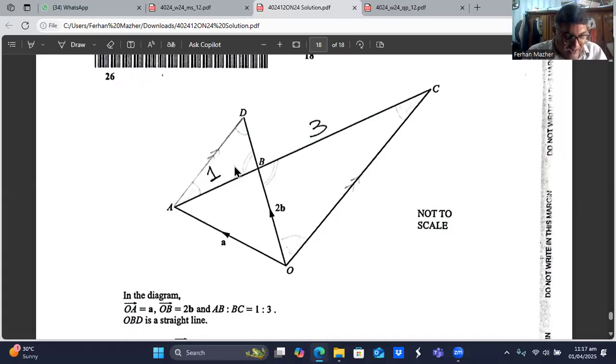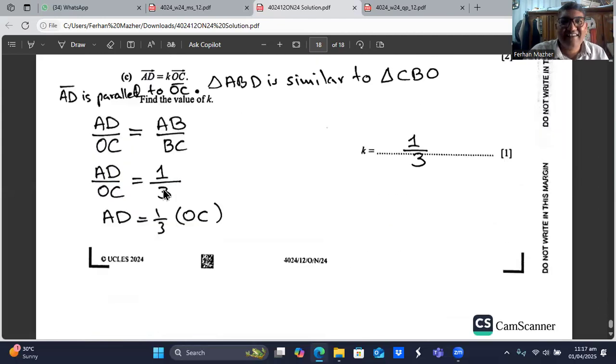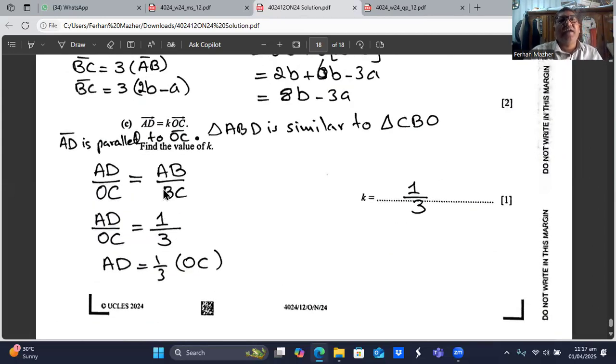If these two triangles are similar, whatever is the ratio between AB and BC, the same will be the ratio between AD and OC, because they are similar. So AD is parallel to OC according to this statement. So the triangle ABD is similar to the triangle CBO.